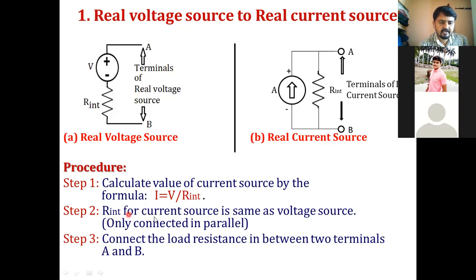RINT, internal resistance for current source, is same as voltage source, only connected in parallel. You have to write this bracket word. This is very important here now. Same resistance we have to write down, but it should be connected in parallel for the current source. For the voltage source, it should be in series here now. Connect the load resistance in between two terminals A and B. Load resistance we can connect here to both the terminals here now.